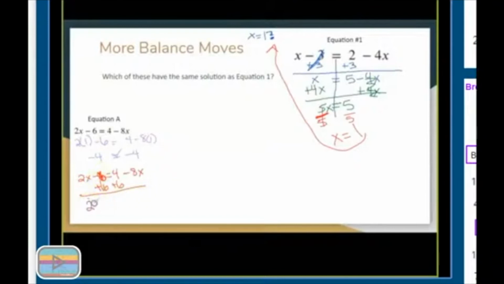So, got 2x equals, and then continue, Kane. Where were you going? So then after that, I would have 2x equals 10 minus 8x. Okay. After that, you gotta move the negative 8x over to the 2x. You gotta do the inverse, so you add the 8x over to the 2x. Beautiful.